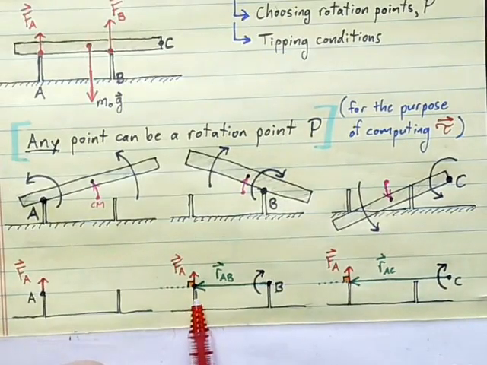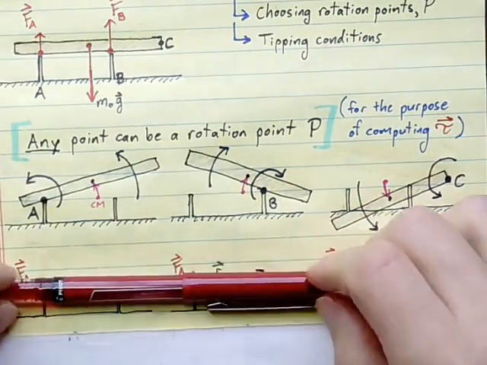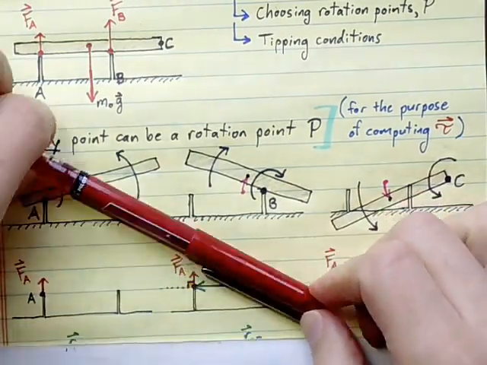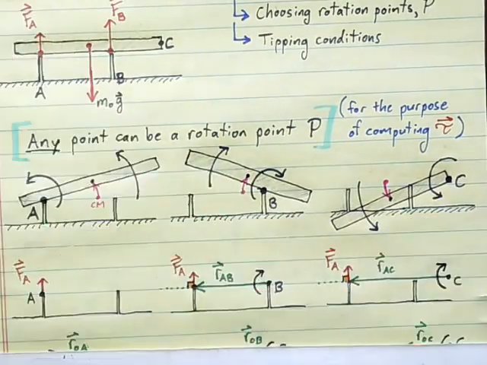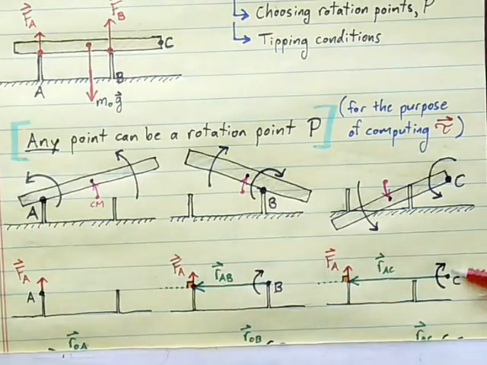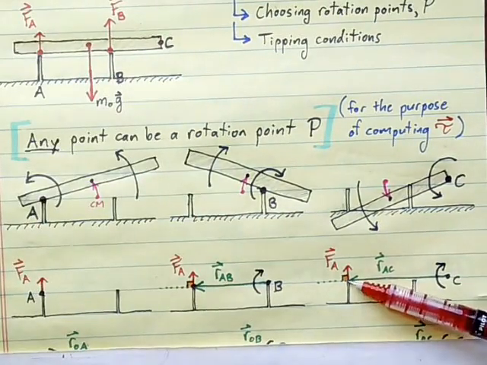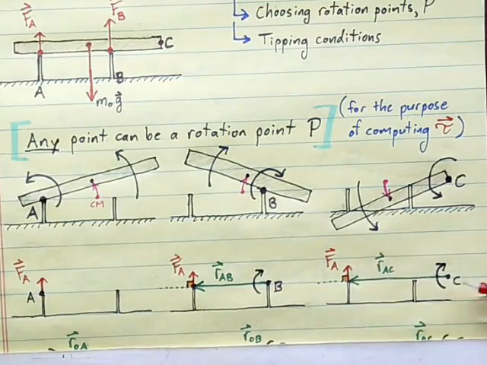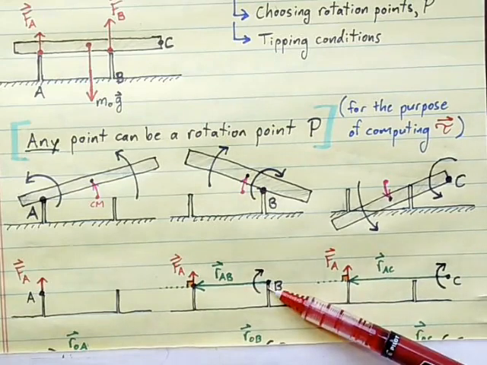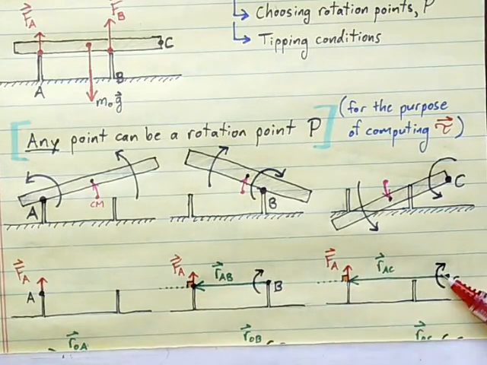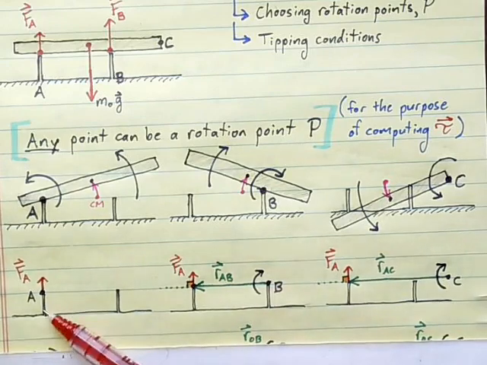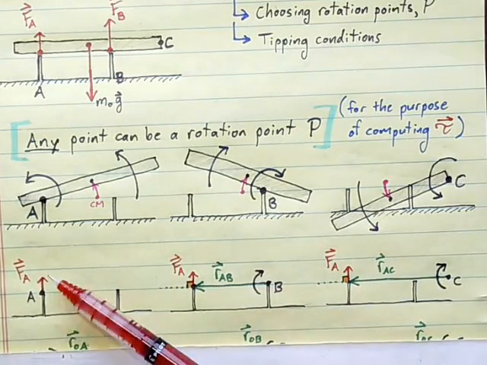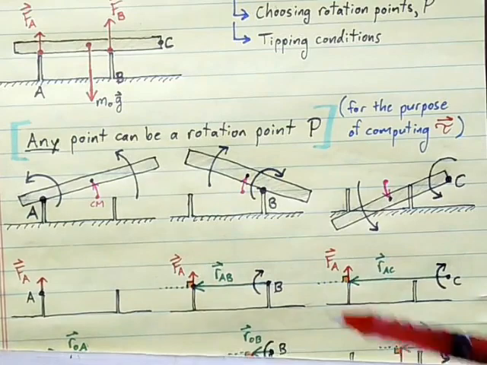Post A pushing up this way would tend to rotate the beam clockwise around point B. Likewise, if C is our point of rotation, we also get a clockwise torque from force A with respect to point C. But the torque about C would be different from the torque about B, given these two different distances here. And of course, as we've already noted, there would be no torque about A from FA.